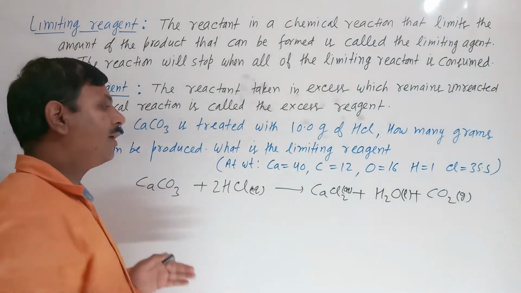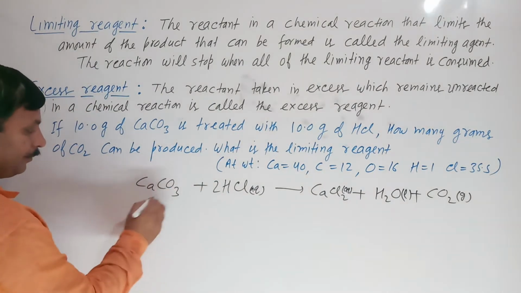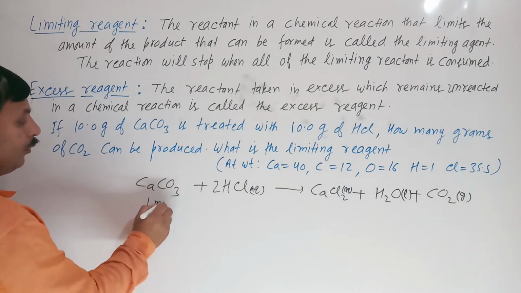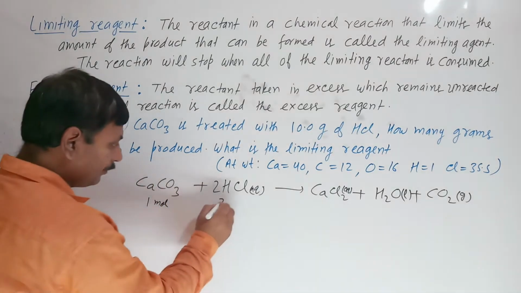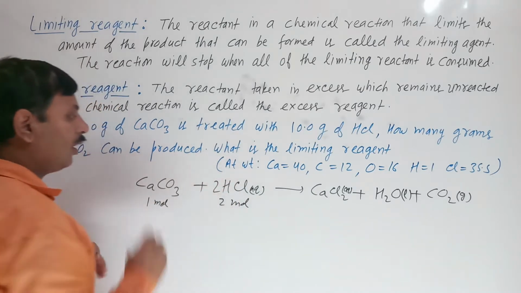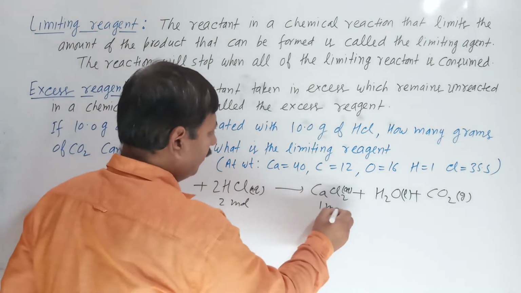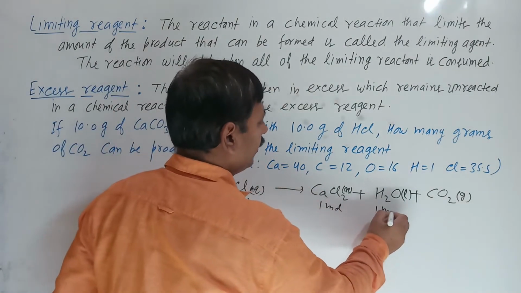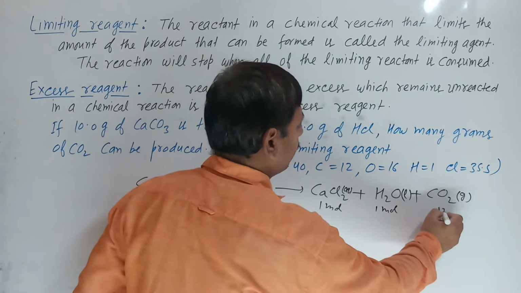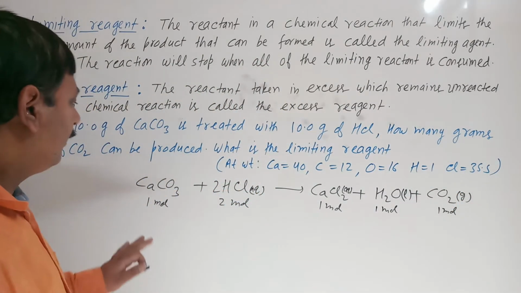By the balanced chemical reaction, we can see 1 mole of calcium carbonate reacting with 2 mole of HCl. They are forming 1 mole of calcium chloride, 1 mole of water, and 1 mole of carbon dioxide.